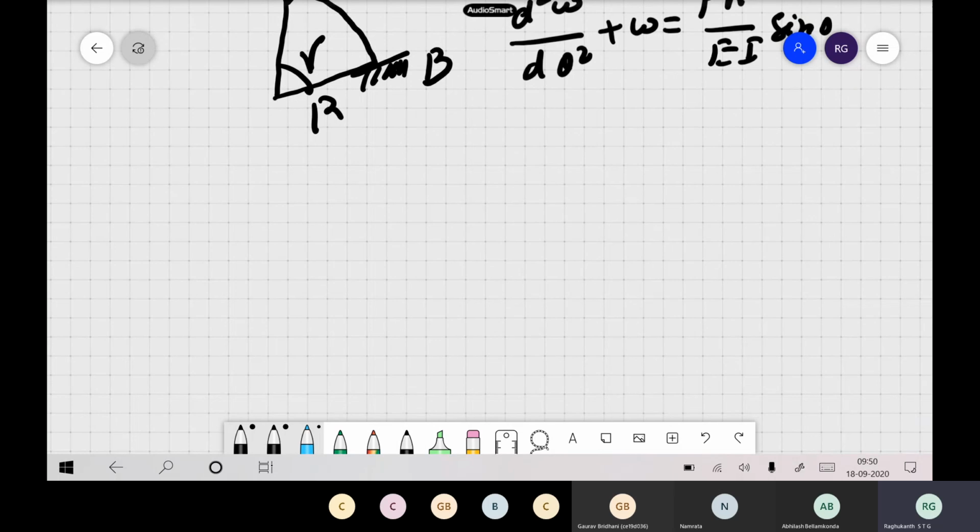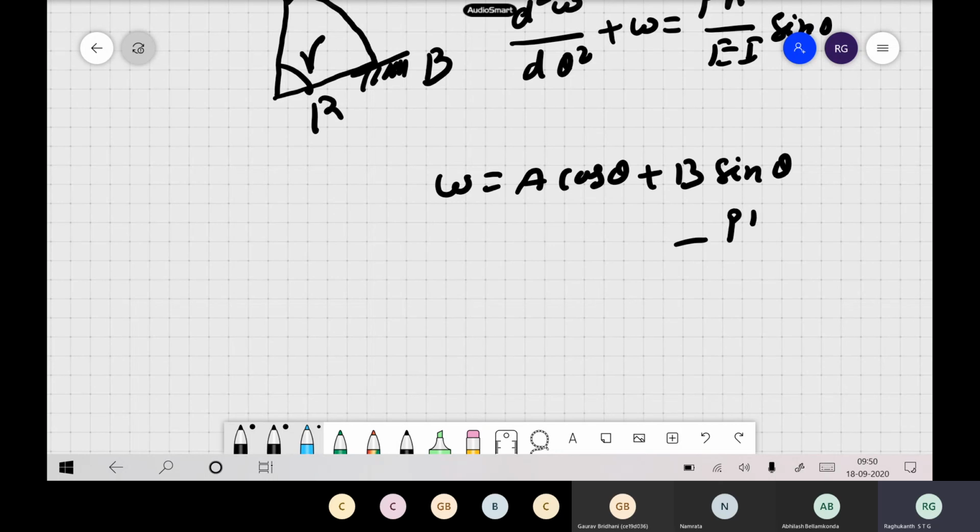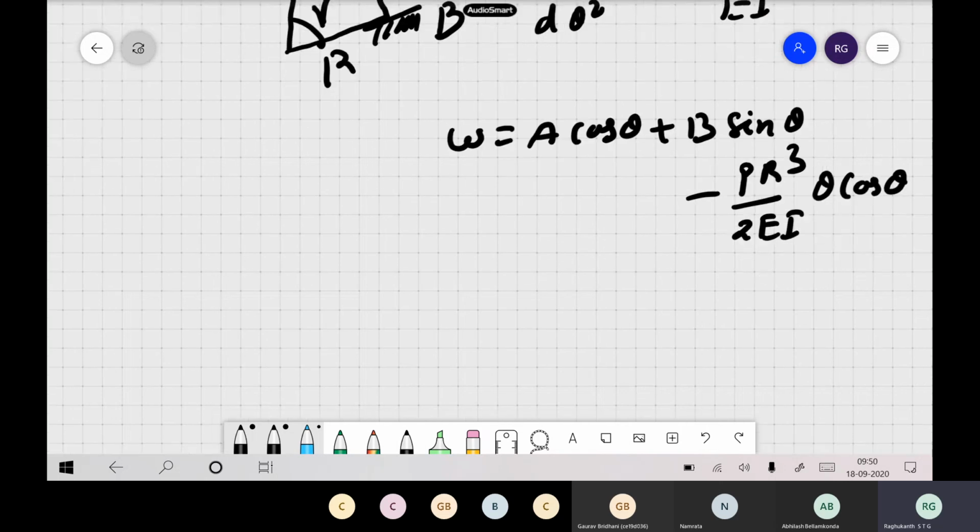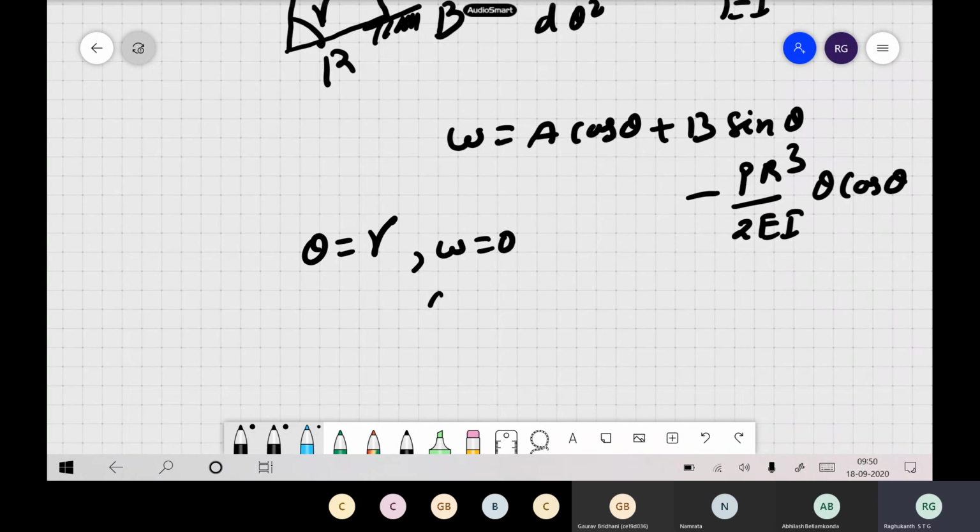Okay, so the solution can be written as W is equal to, so same, everything remains the same, A cos theta plus B sine theta minus P R cube by 2 EI, theta into cos theta. But the only thing is the boundary conditions will be: when theta is equal to gamma, because it is not pi by 2, W is equal to 0 and dW by d theta is equal to 0. Okay, it's like a more general kind of thing.